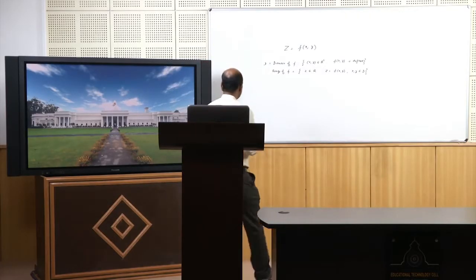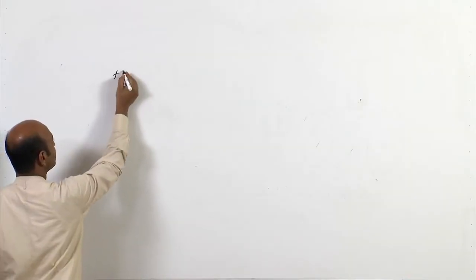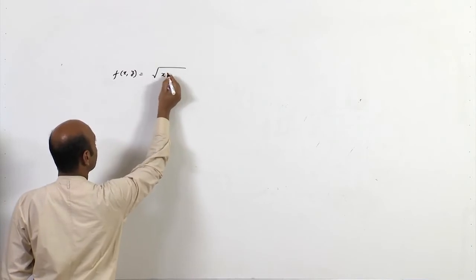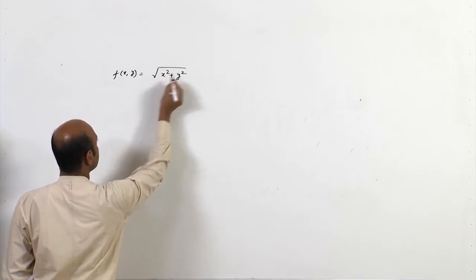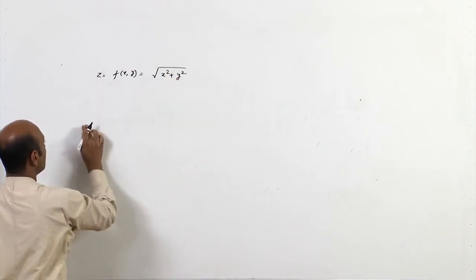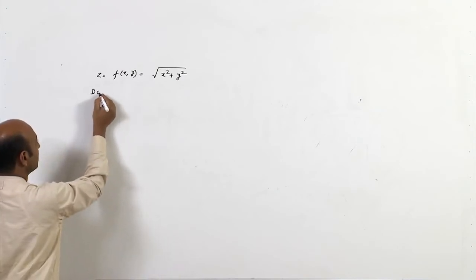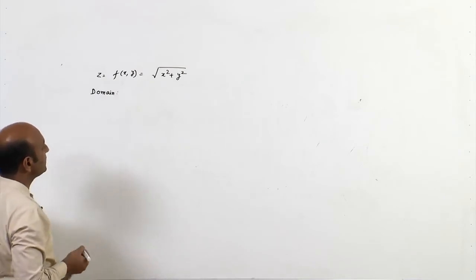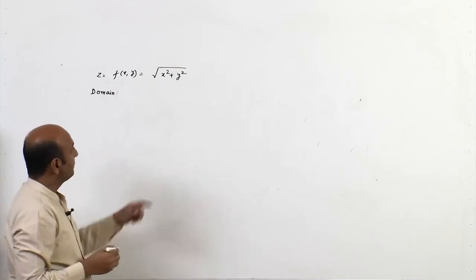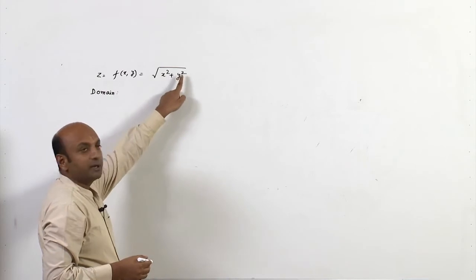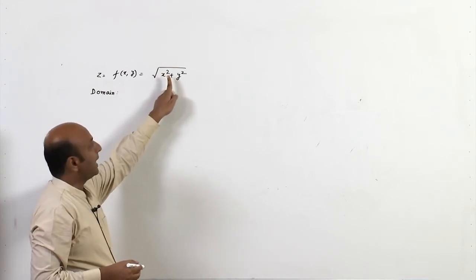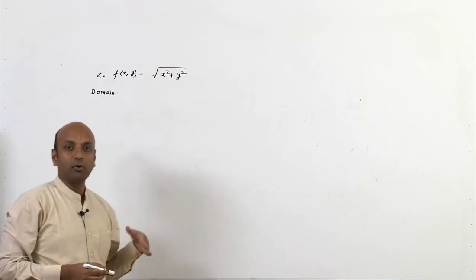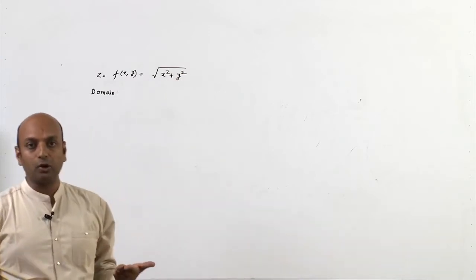The first example is, suppose f(x, y) is equal to the square root of x squared plus y squared. This is z equal to f(x, y). Now, what is the domain of this function? The quantity under the root should be greater than or equal to 0, and since x squared and y squared are non-negative quantities, the sum will also be non-negative.